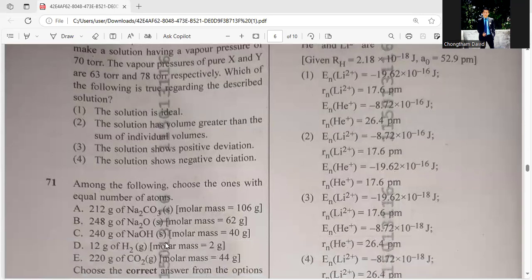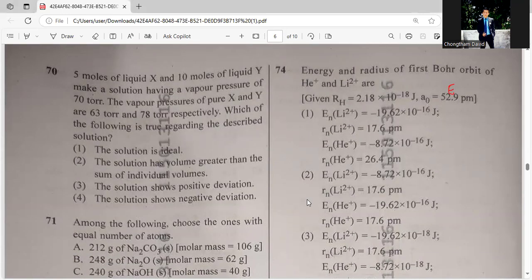And from Bohr's postulate, energy E, according to Bohr's postulate, you can find the energy relation as minus Z square into 13.6 electron volt, and the radius in n orbit equals a naught by Z. That is the Bohr's orbit is 52.9 picometer, and energy can be found out for lithium.